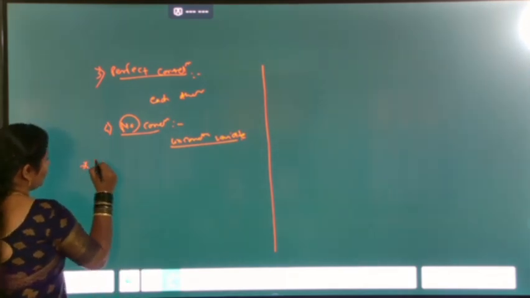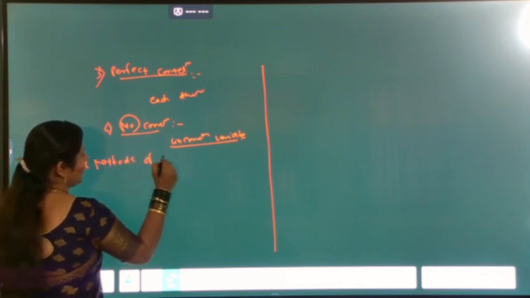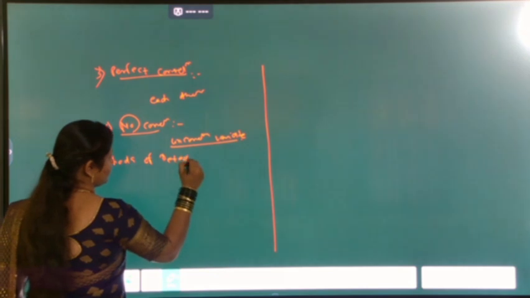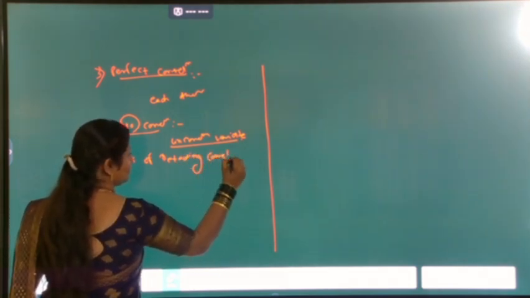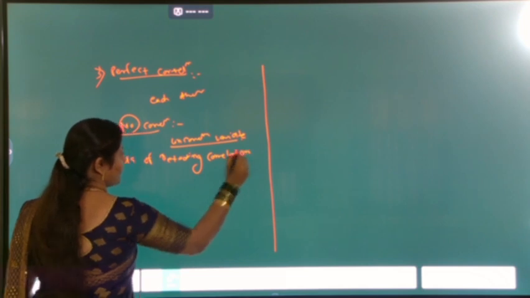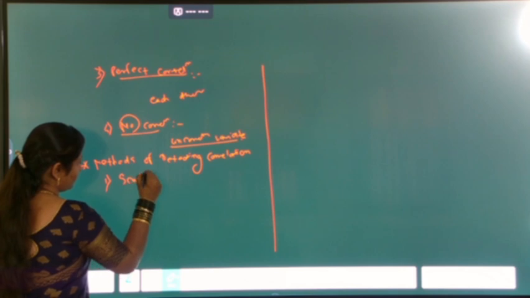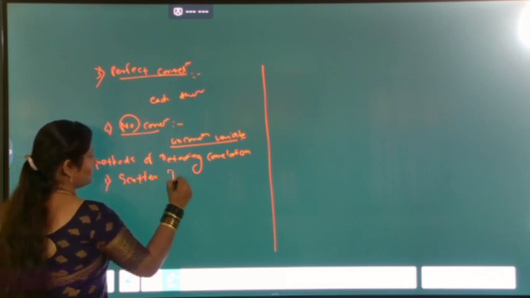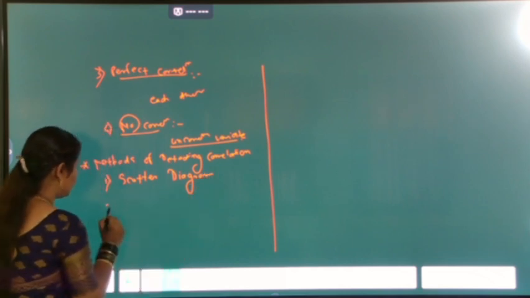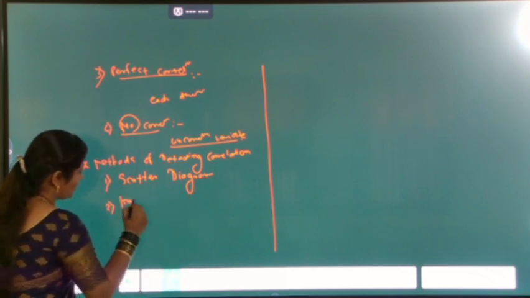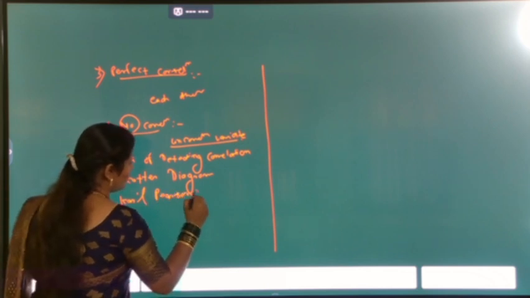Next point is methods of detecting correlation. First method is scatter diagram. Second method is Karl Pearson's coefficient of correlation.